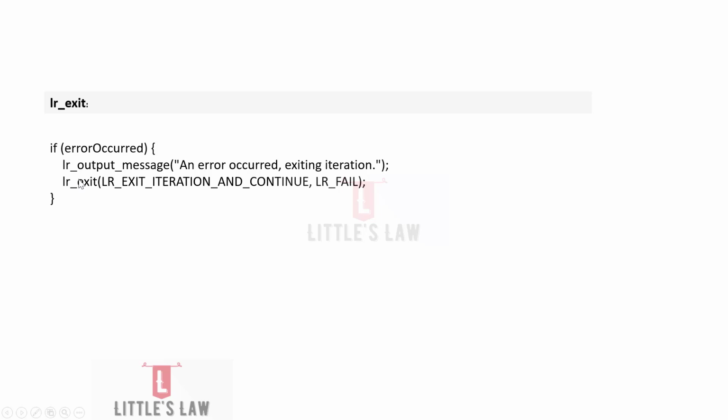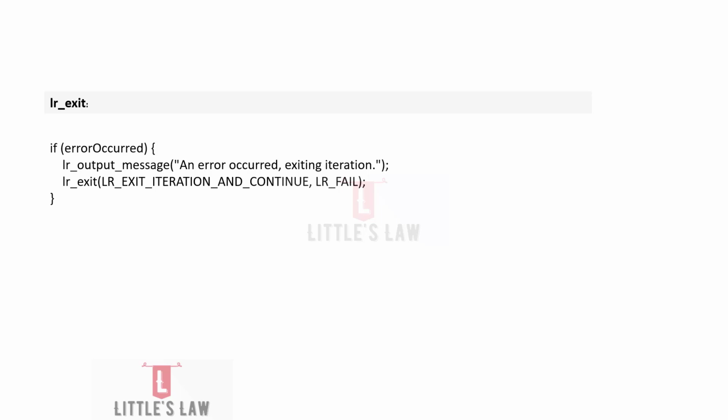Here in this code I have written the same way. If any error occurred, the LR output message will be: an error occurred and I'm exiting the iteration. Next comes the LR exit, where I write LR exit iteration and continue, and then LR fail. So this actually does what I expect.